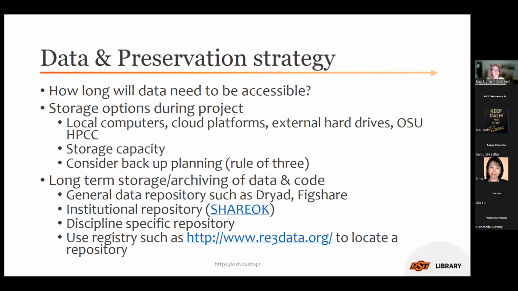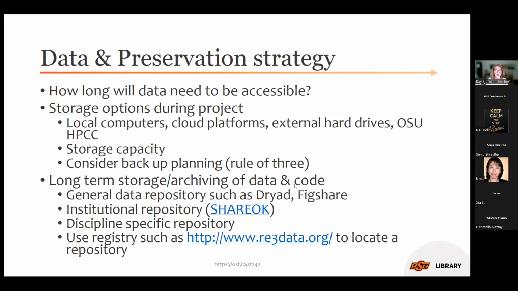And I mentioned yesterday the importance of backup. I didn't mention the rule of three. Basically, the rule of three says you should always have three copies of all your data. Two of them may be on site, but in different locations and different devices. One may be in the cloud, or it may be off-site, again, depending on your data.